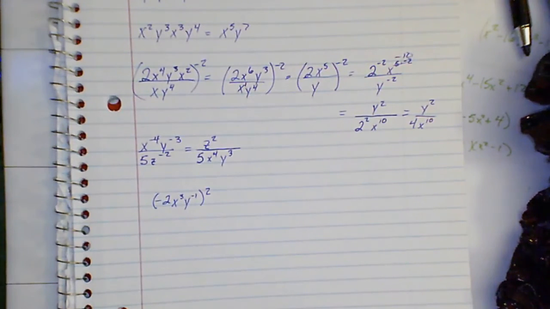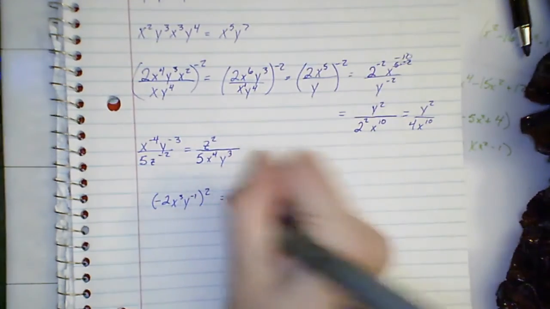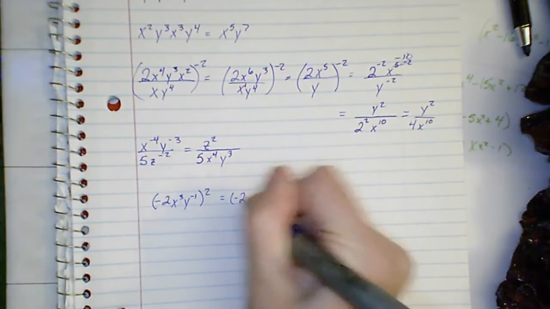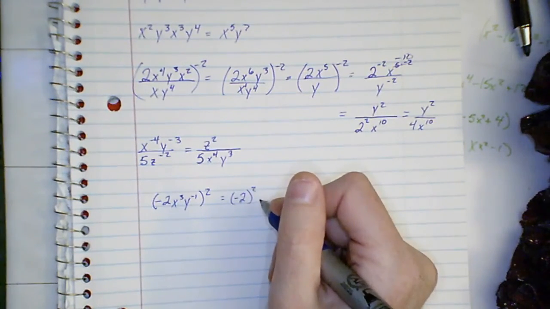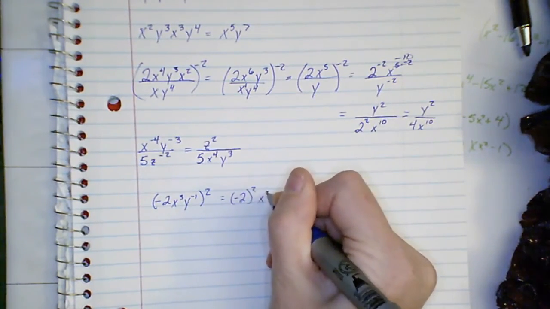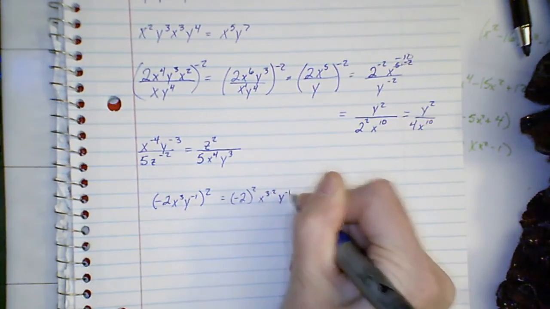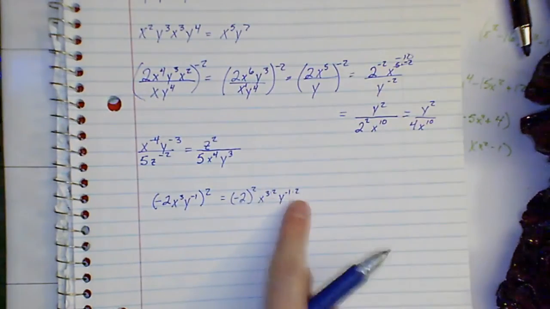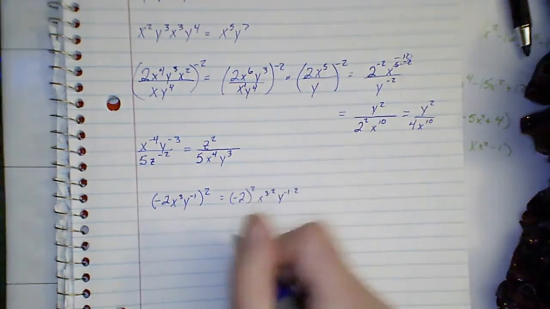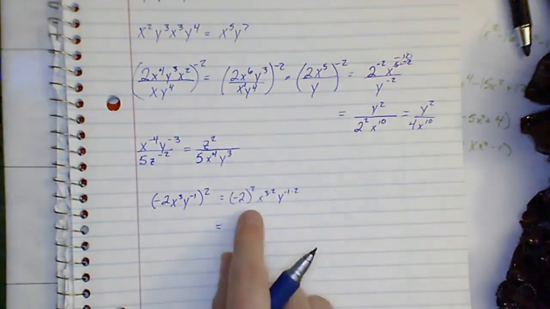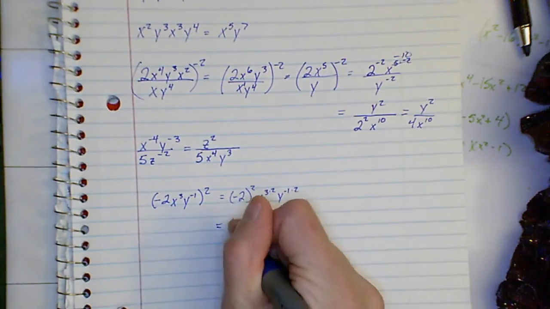Okay, let's look at this one. We have -2 times x to the 3rd, y to the -1st. We can distribute that exponent to each of these terms, which in this case you would not have to write all that out. You would just put a 6 in the -2, but I'm just trying to be thorough. -2 squared will be +4.